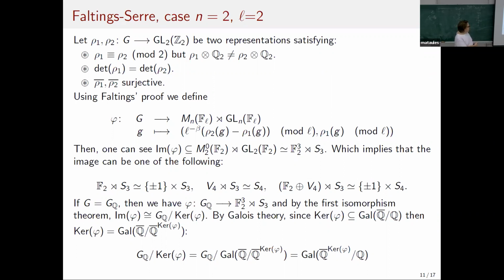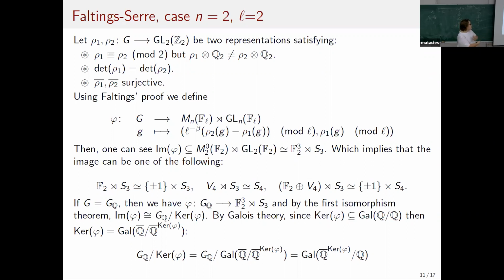So you have this map right now. So you take the absolute Galois group. Then if you have this map, you can use the first isomorphism theorem and see that the image is isomorphic to this quotient of the total group by the kernel. And then by Galois theory, since the kernel is inside the absolute Galois group, it corresponds to a Galois group. This is Galois correspondence.